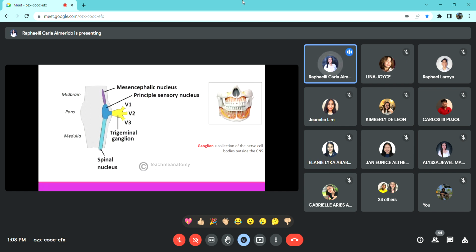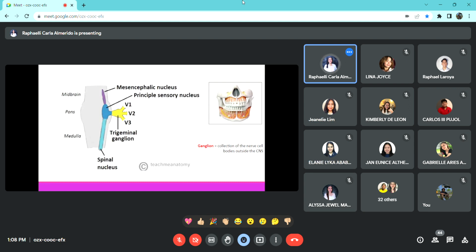So the trigeminal nerve originates from the three parts of the central nervous system, okay, and it is from the four different nuclei, and three of which are already on the screen. So we have the mesencephalic nucleus, your principal sensory nucleus, and your spinal nucleus.